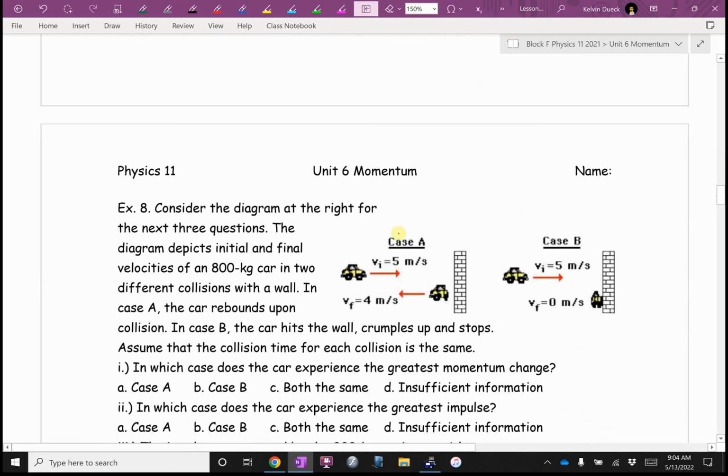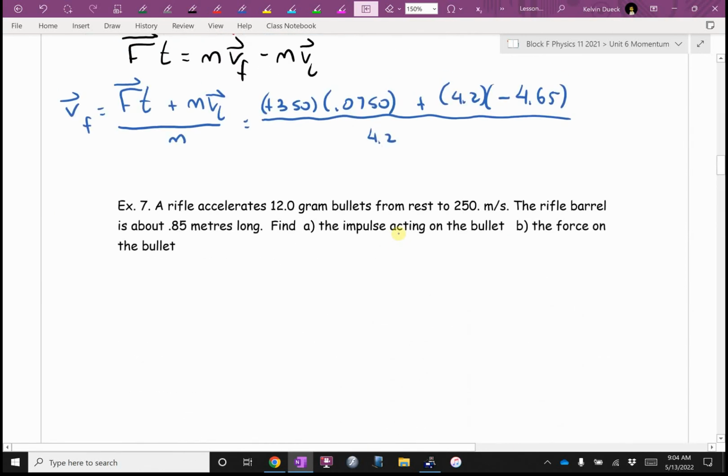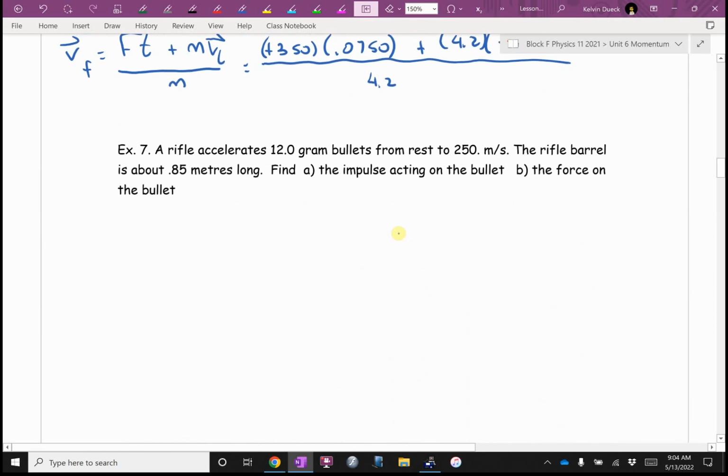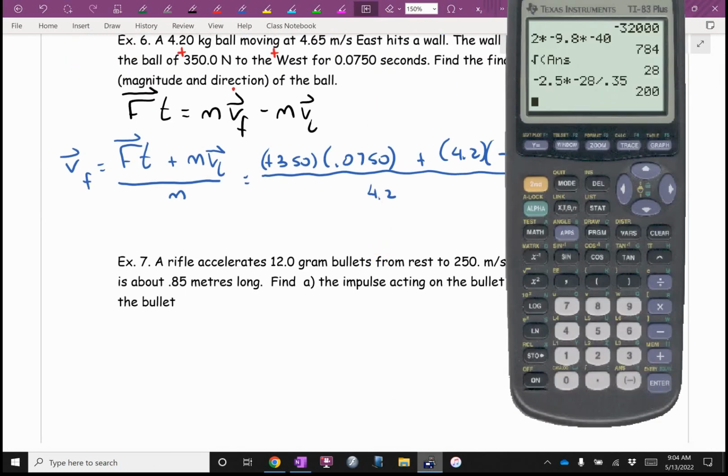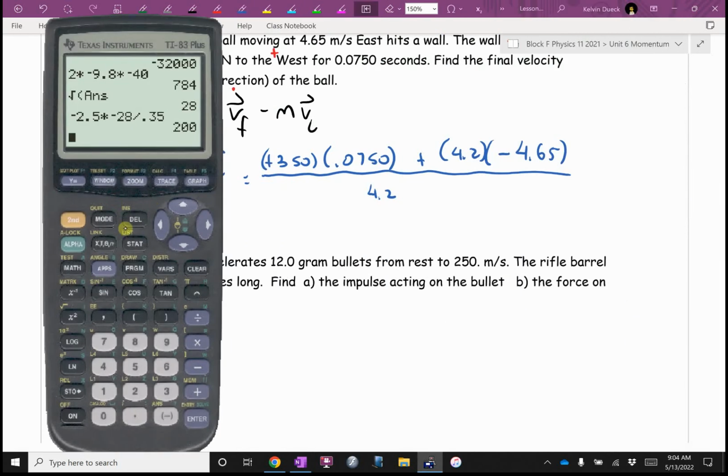What do you get? Nope, I scrolled down a little too far. Definitely brackets around the top. 350 times bracket 0.075 plus 4.2 times negative 4.65, divided by 4.2.